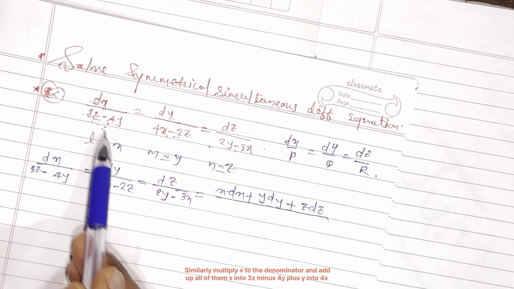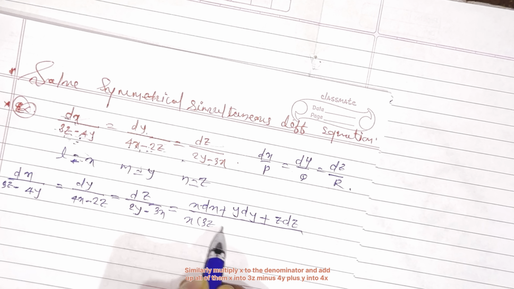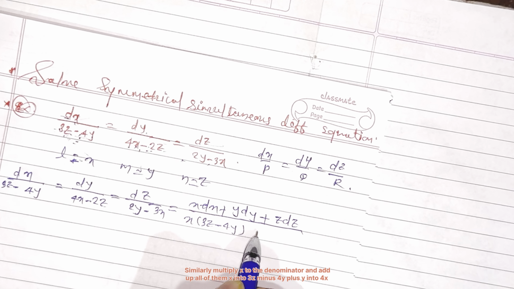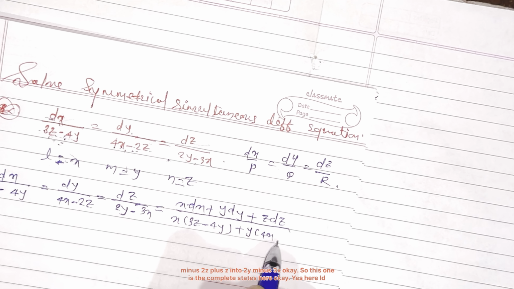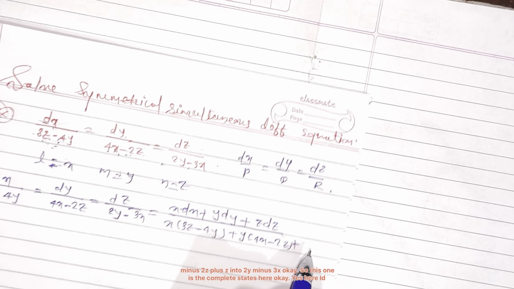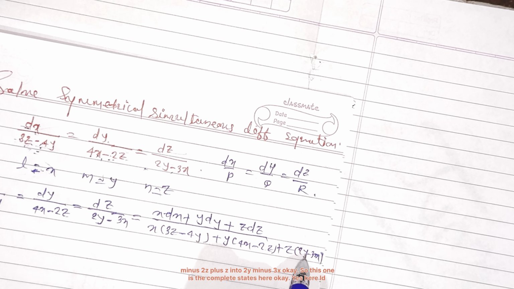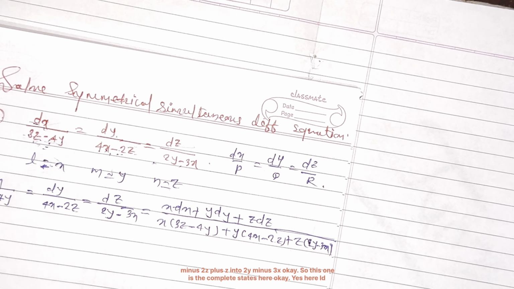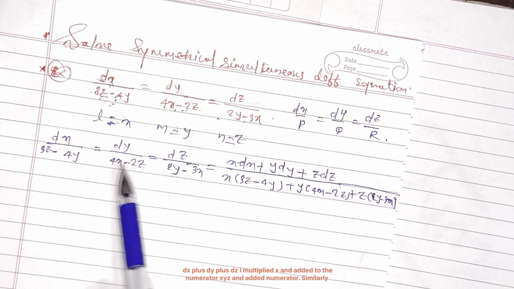Similarly, multiply x, y, z to the denominators and add up all of them: x into 3z minus 4y, plus y into 4x minus 2z, plus z into 2y minus 3x. So this is the complete step here.